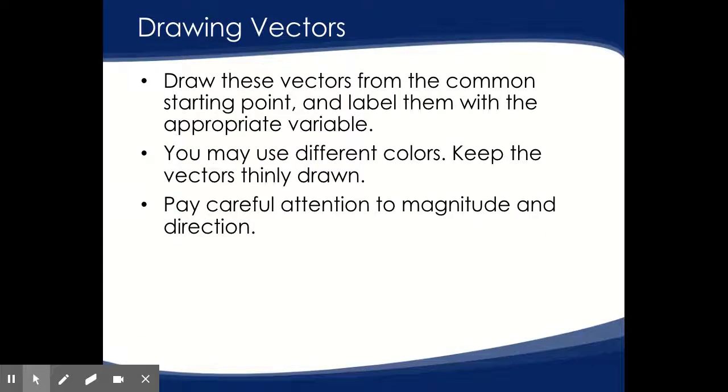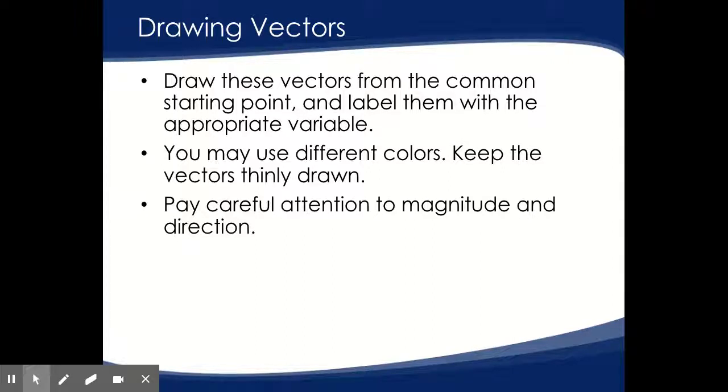So you're always going to draw your vectors from the common starting point and label them with the variable. You need to always label it with your variable. You can use different colors to differentiate between different vector lines. I know sometimes people aren't super neat with things when you're drawing, but vectors have to be neatly drawn.